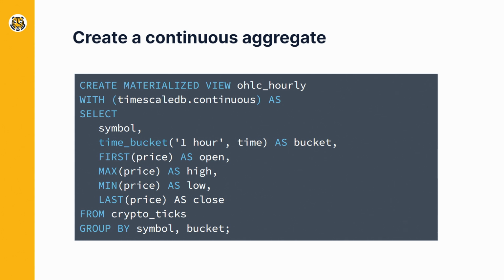And then in the next line, we use the first function, which is also a hyperfunction, which basically selects the first price value ordered by time, which is going to represent the opening price of that specific candle.